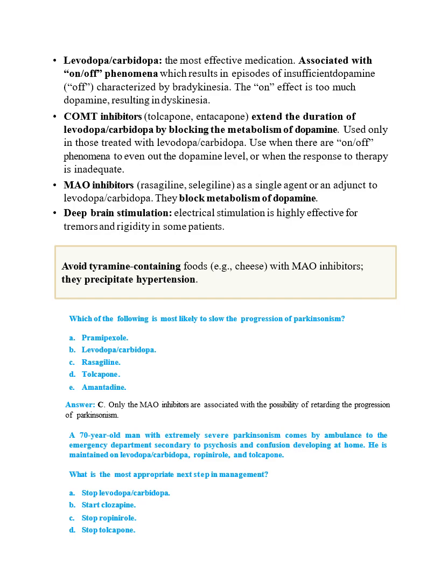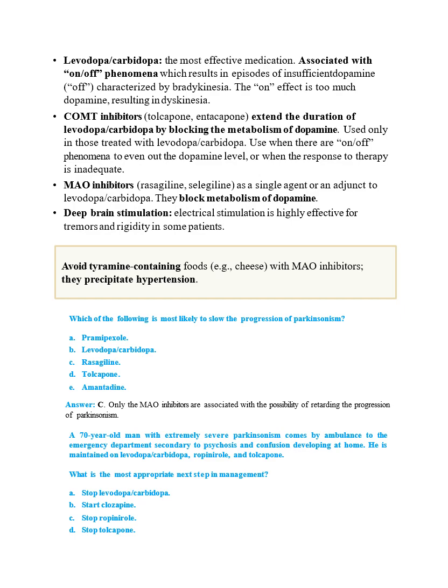And here there are two clinical questions, samples of two clinical questions. The first question is, which of the following is most likely to slow the progression of Parkinson? A, pramipexole, B, carbidopa-levodopa, C, rasagiline, D, tolcapone, and E, amantadine.